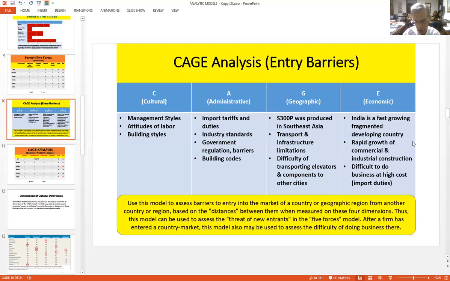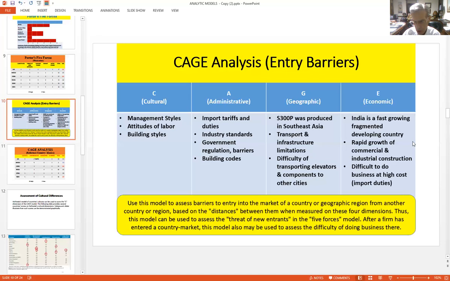And so this analysis kind of suggests the kind of barriers to entry that this company needed to consider. So the paperwork and administrative barriers in India for foreign countries is really substantial. Some countries have demanding standards. Probably this was not the greatest issue in India. Government regulation was a huge issue, and building codes.